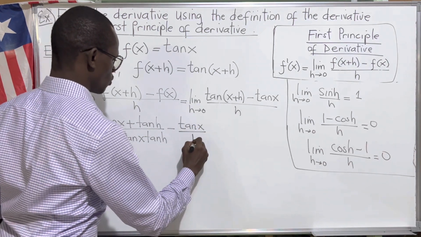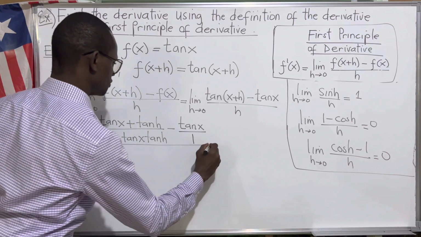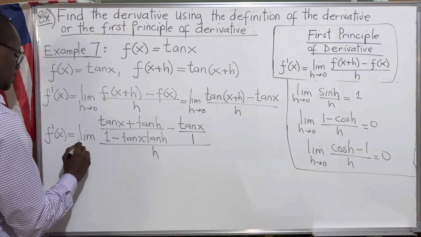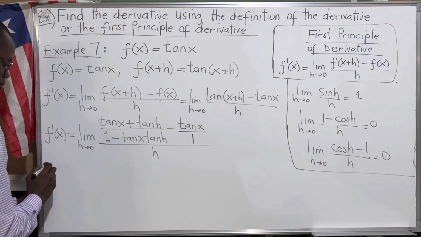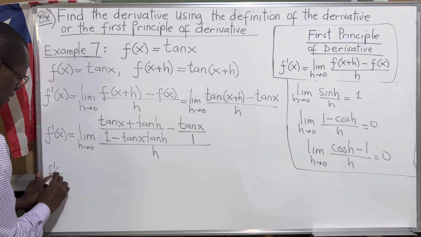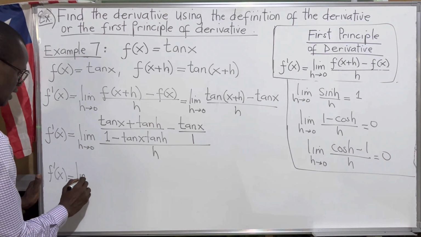We express this over 1, and this whole thing is being divided by h as h approaches 0. So we have the limit now.